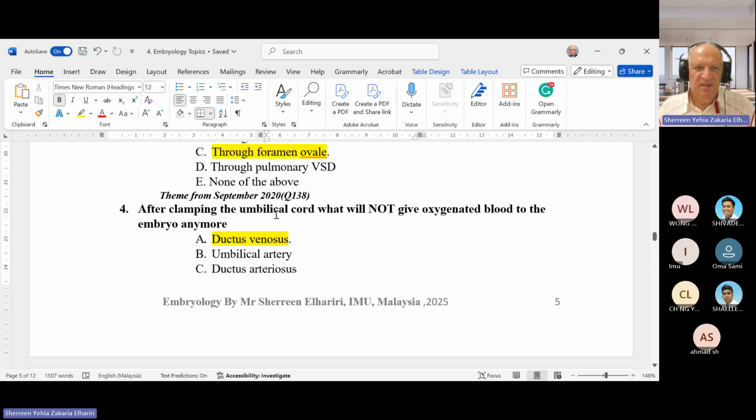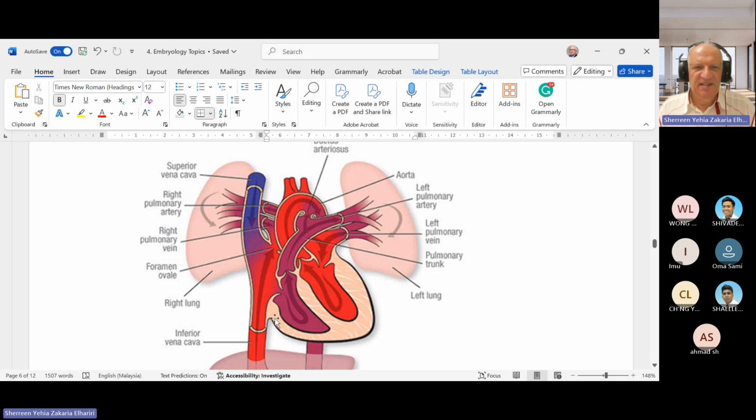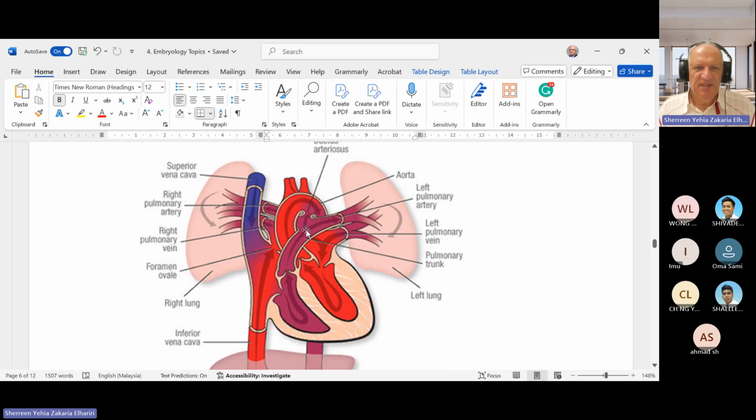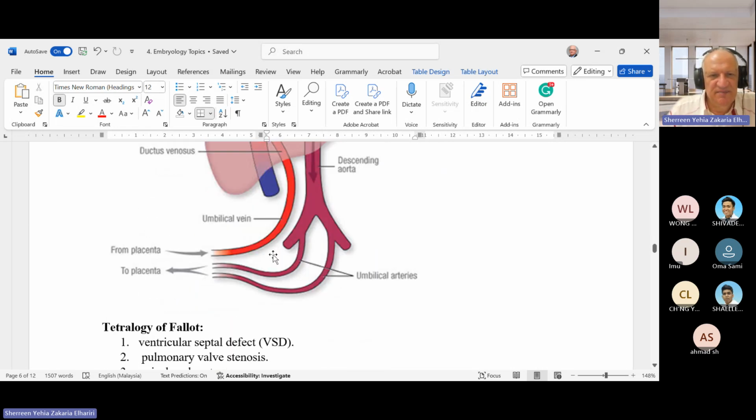So with clamping of the umbilical cord, the ductus venosum closes. Again, it's easy just to know some anomalies. The common exam is patent ductus arteriosus with its specific murmur, and he asks you something related to the circulation.